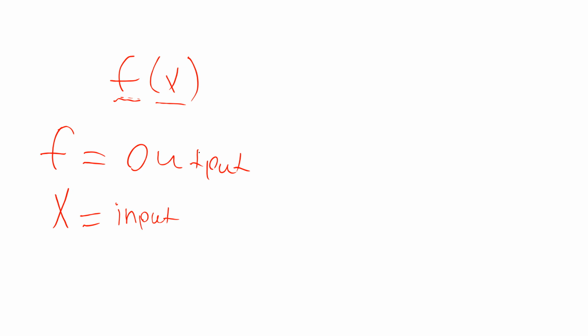So when we have a function, for every input, we only have one output. Usually you see f of x, something like this. So f of x is equal to, let's say, 3x plus 12.